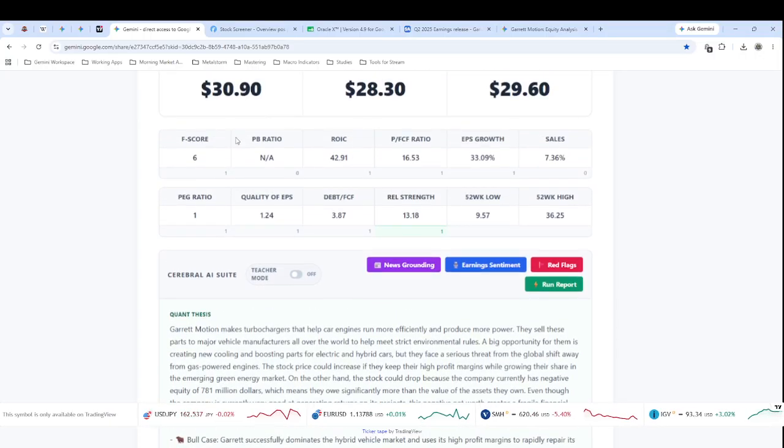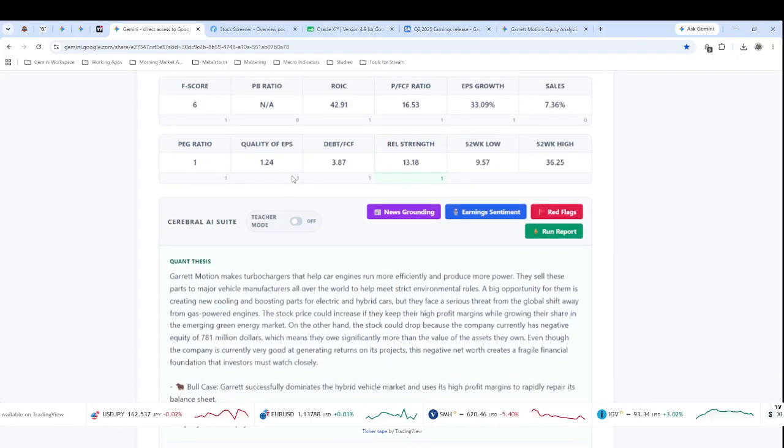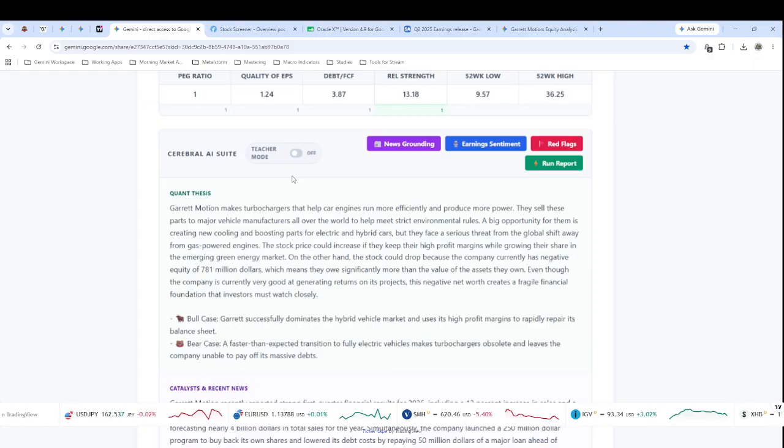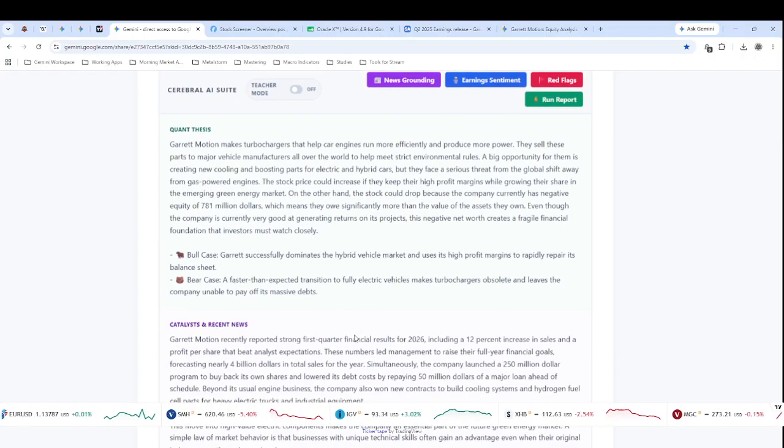And for the record, I can see that right there. See, the price to book was an NA. It had already caught my attention, which means they owe significantly more than the value of the assets they own, even though the company is currently very good at generating returns on its projects. This negative net worth creates a fragile financial foundation that investors must watch closely.